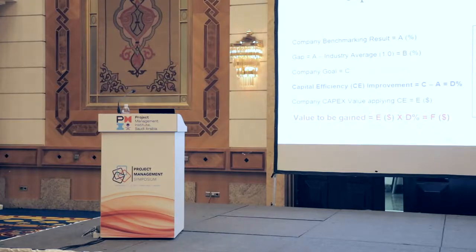And world class, they're doing it below 50 million. So that's basically the difference. In order for you to see how much value capital efficiency brings, you take this percent difference and multiply it times the value of your capital investments in your portfolio. That should give you how much this will bring back to you in terms of money.